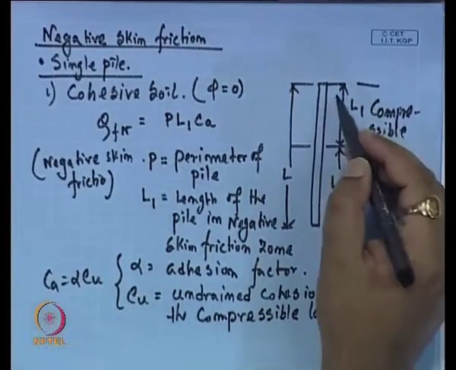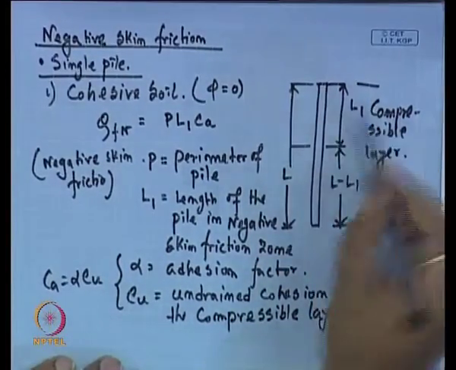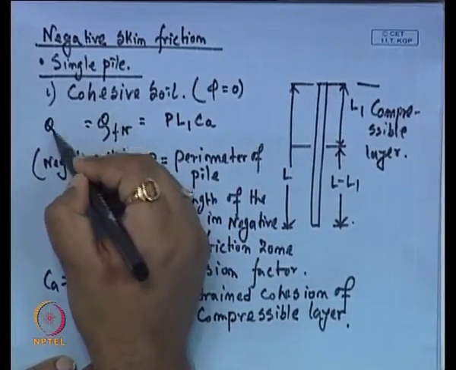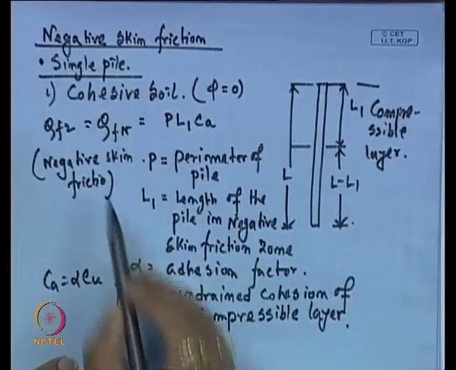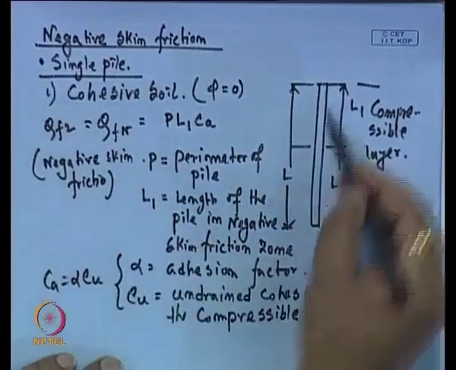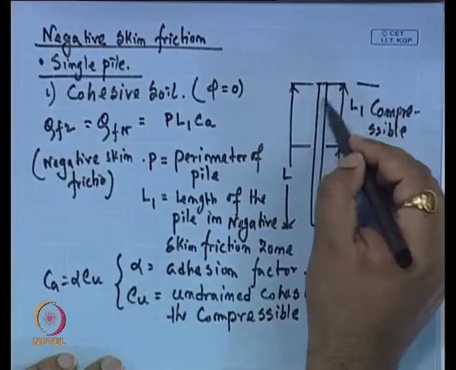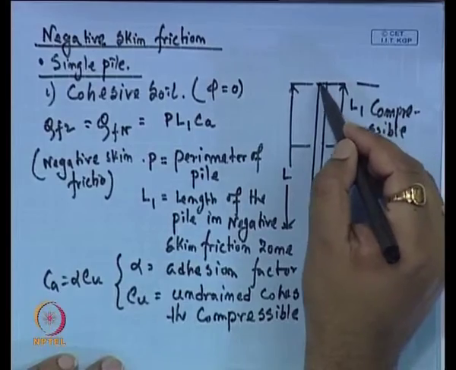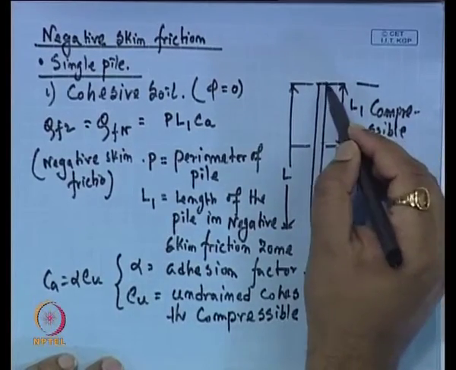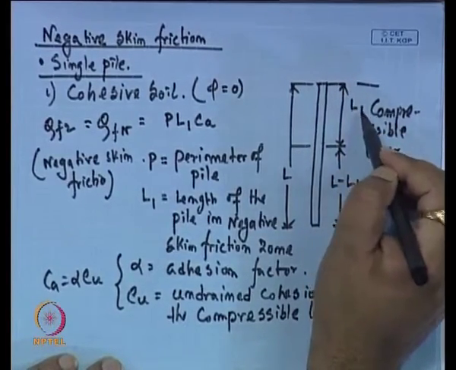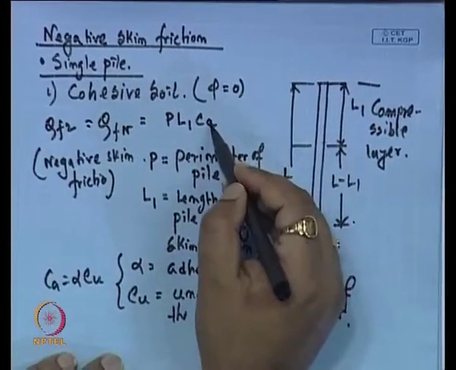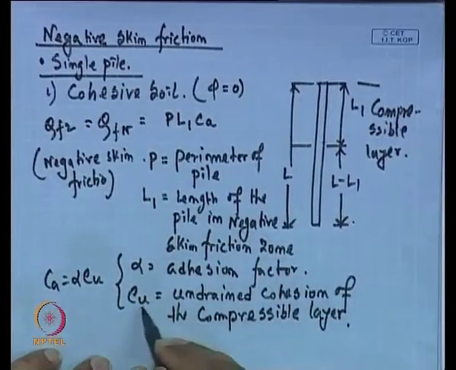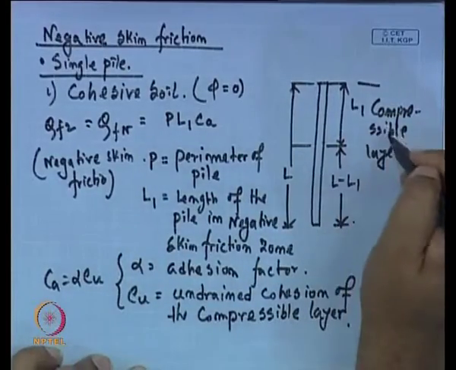We are talking about the negative skin friction, which, as we mentioned initially, is Q f2. P is the perimeter of the pile within this compressible layer, L1 is the length, C A is the adhesion for this layer, alpha is the adhesion factor, and C u is the undrained cohesion of this compressible layer.